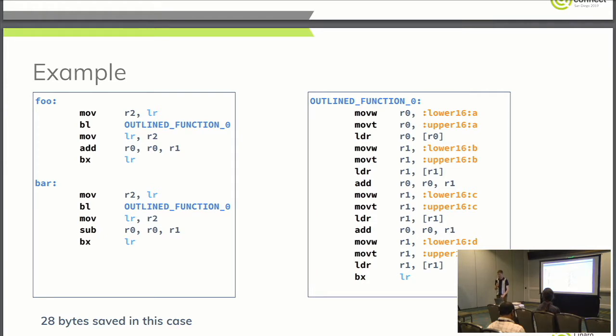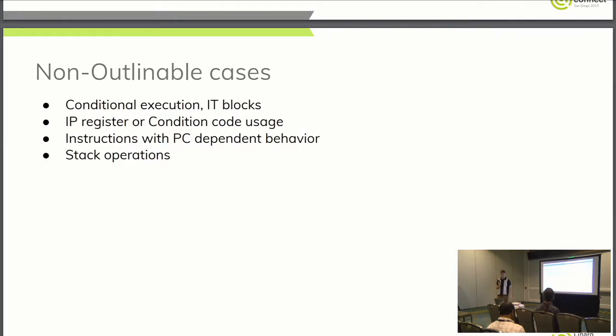There's obviously an awful lot of complication behind the scenes, and there's also an awful lot of cases where the outliner can't work. So conditional execution in IT blocks: my understanding from Ivan is that you can outline code that contains conditional execution in IT blocks, but nothing that crosses the boundary, because when you do a branch and link, the linker might intercept that call and you might get the information wiped out.